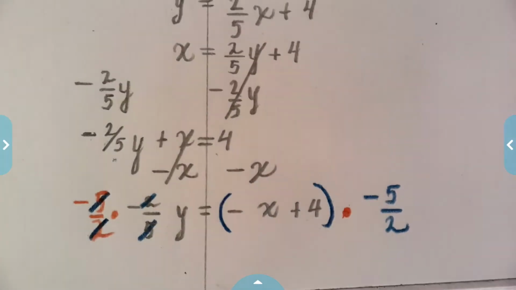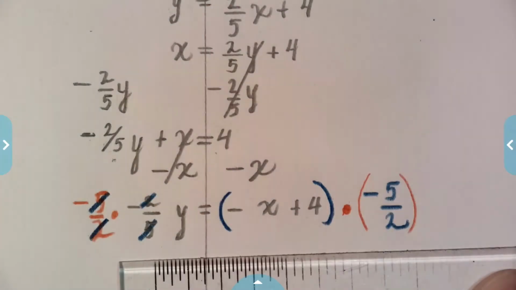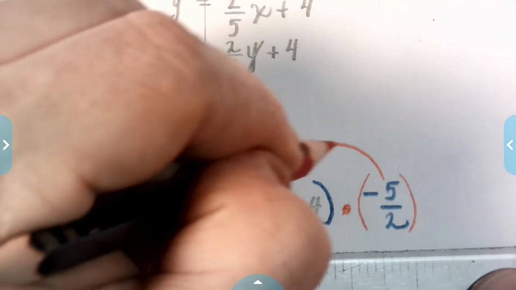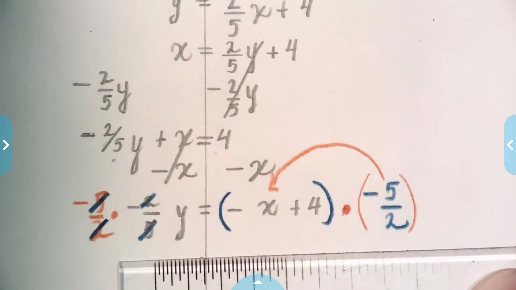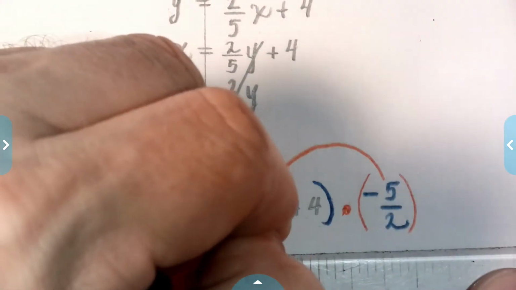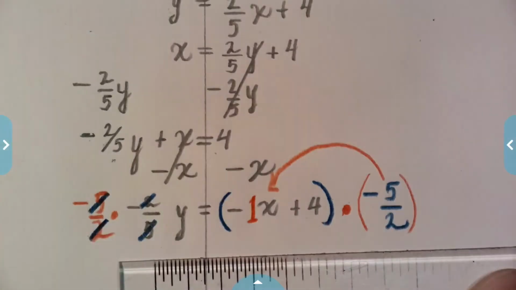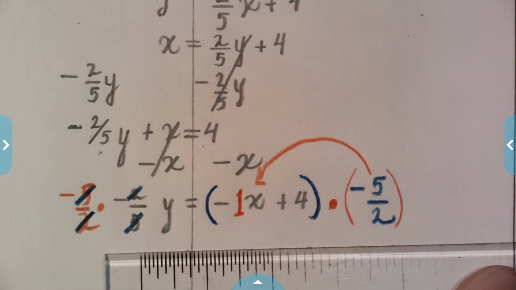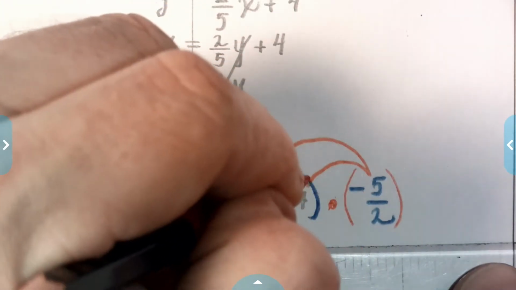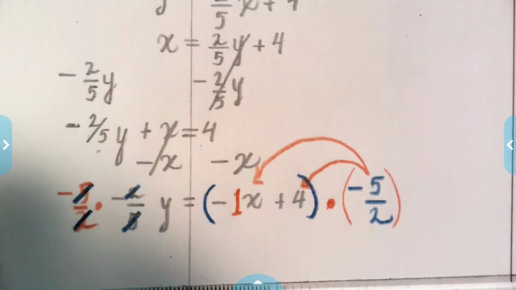There's going to be a distribution. We're going to take this entire negative 5/2 and distribute it down here. It would be good at this point to put a negative 1 in front of the x, and also distribute, multiplying to the 4.